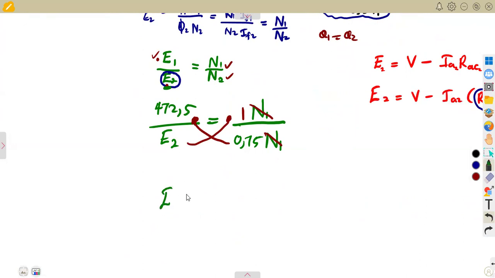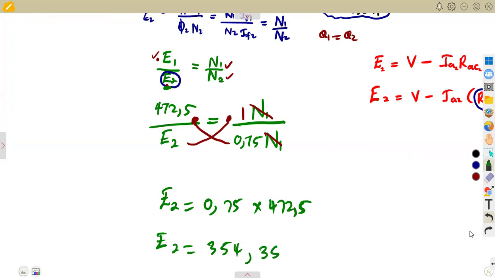E2 times 1 is E2, which is equal to the product of these two, 0.75 times 472.5. That was going to give us E2, which is 354.375 volts.